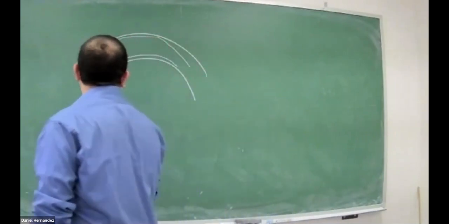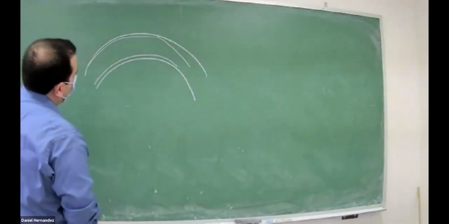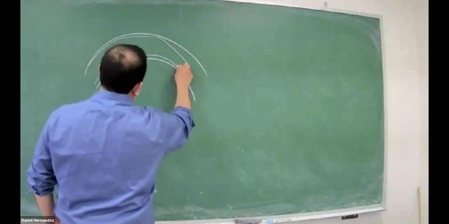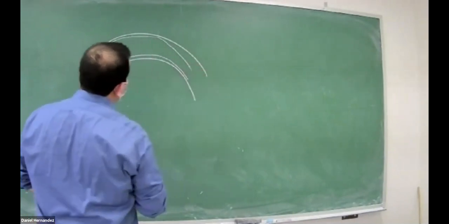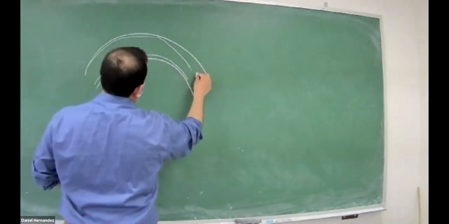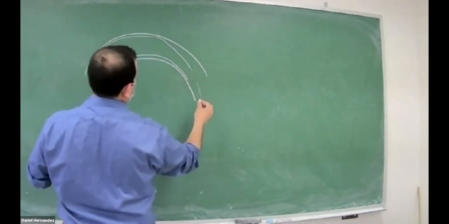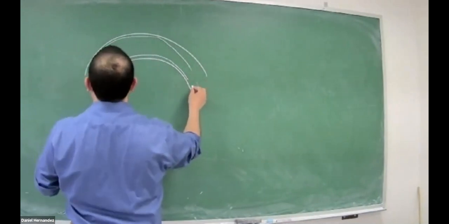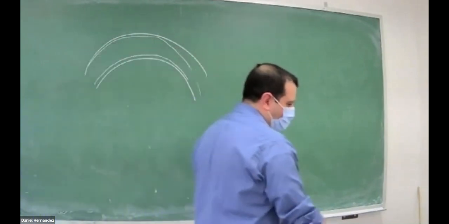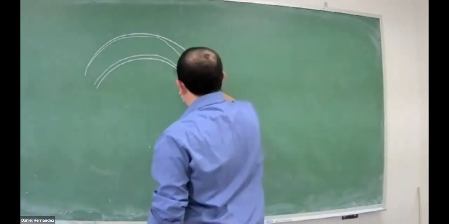With dissection, you'll have your true and your false lumen. I kind of drew this the wrong way. We're doing the arch.